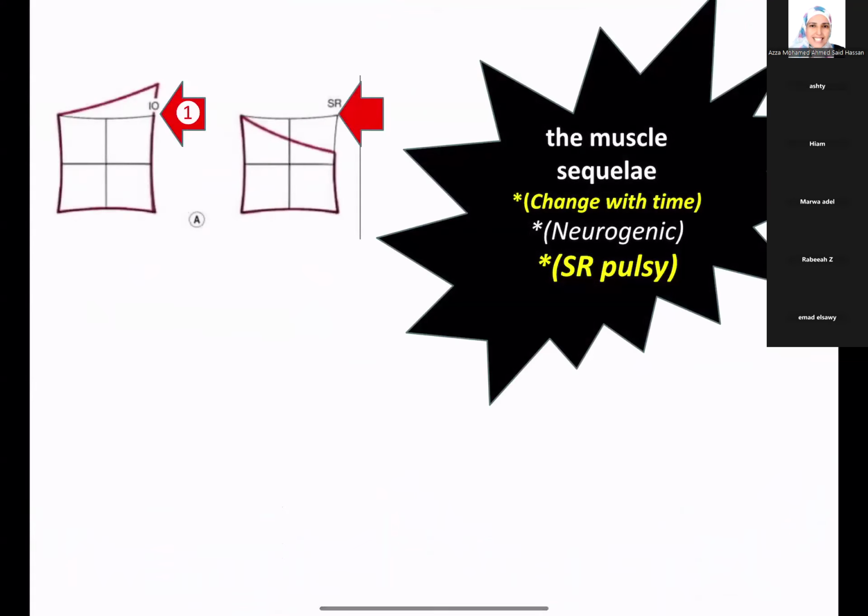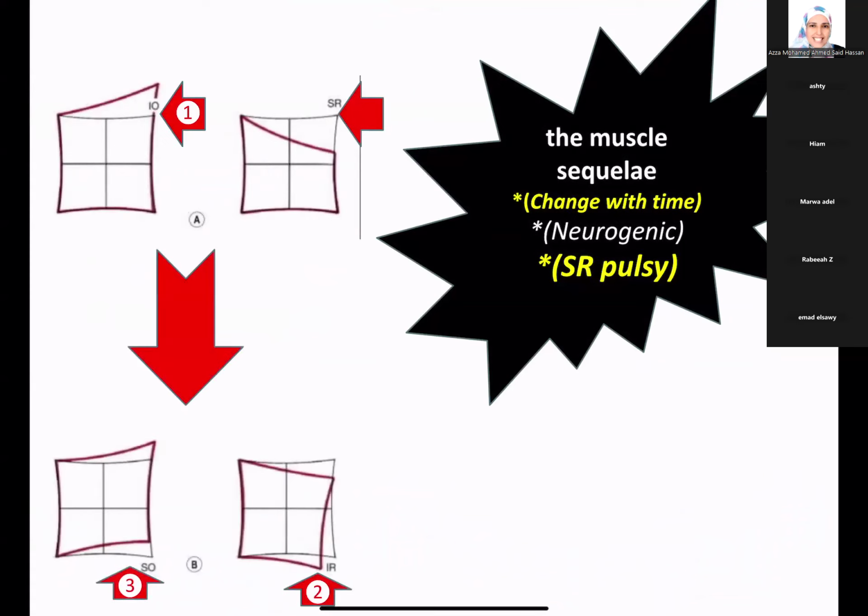What do we mean by muscle sequelae? I'll take an example of superior rectus muscle sequelae. Usually there is underaction of the affected muscle. For example, in this image, we have underaction of the superior rectus muscle. There is usually overaction of its yoke muscle according to Hering's law.